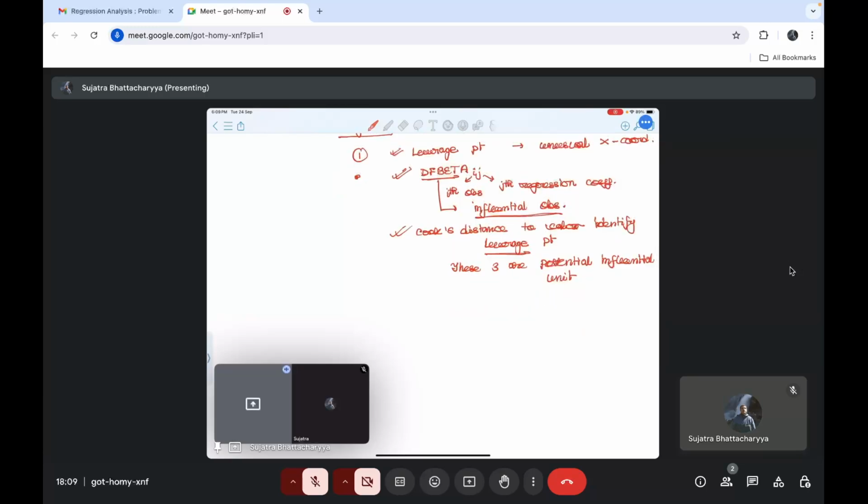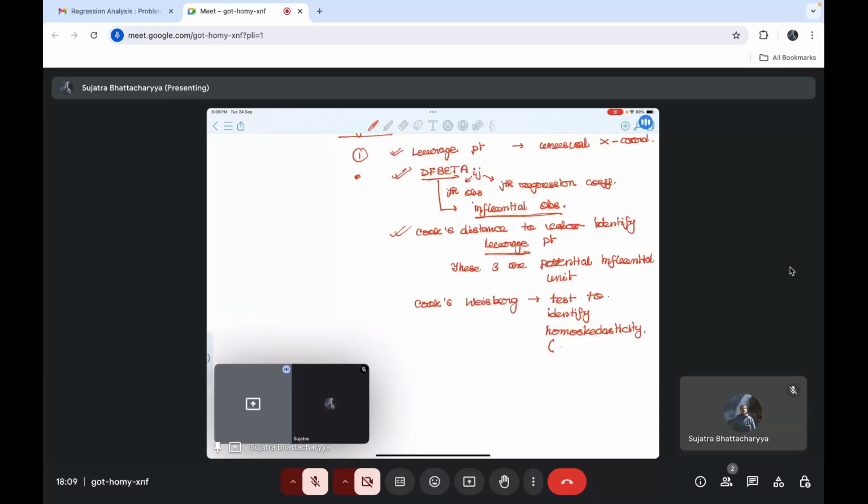However, there is an option called the Cook-Weisberg. This is actually a test to understand or to identify homoscedasticity.